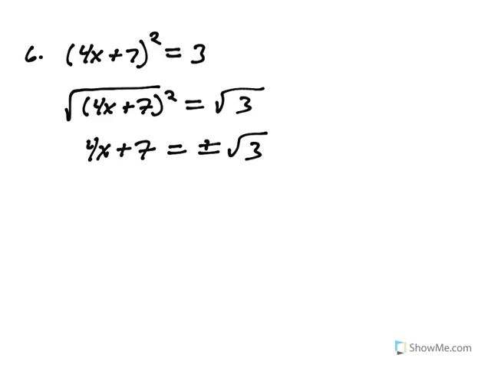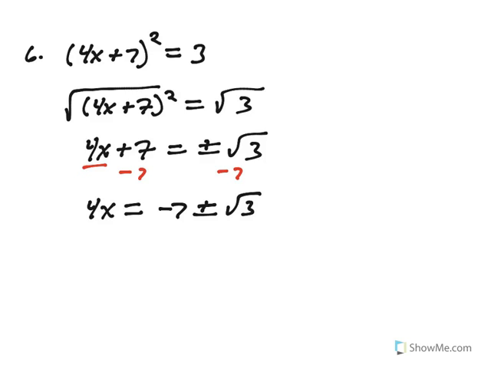And then now we want to solve for the x term alone, right? So what I'm going to do is subtract 7 on both sides. So then I'm just going to write 4x equals minus 7 plus or minus the square root of 3. Write the minus 7 before the radical and before the plus or minus sign.